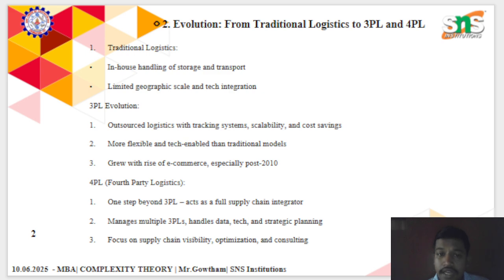Then we evaluate outsourcing logistics through tracking systems, scalability, and cost savings, and evaluate technical ability compared with traditional models, along with e-commerce engagement. Then there is 4PL, fourth party logistics.